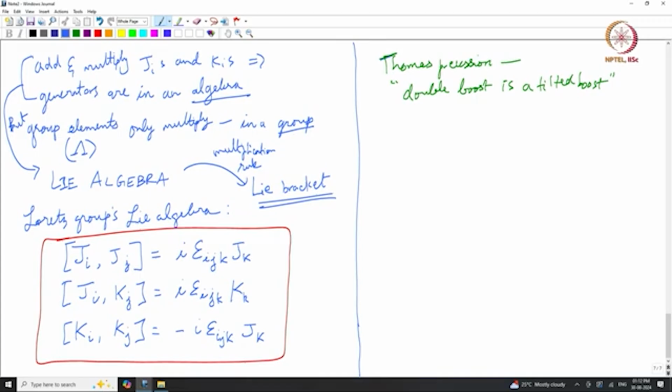The DNA of the representation that you are thinking of for this group is all encoded in the generators themselves. Once you know the Lie algebra, you can work out what the generators are, and from there you can work out the entire group. So we will take this concept and turn it around in the next lecture and see if we can construct other representations of the Lorentz group, and we will see something very interesting happens.